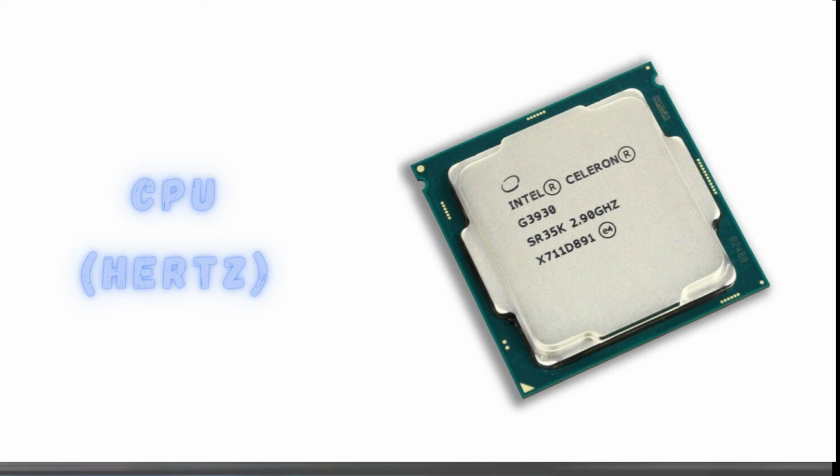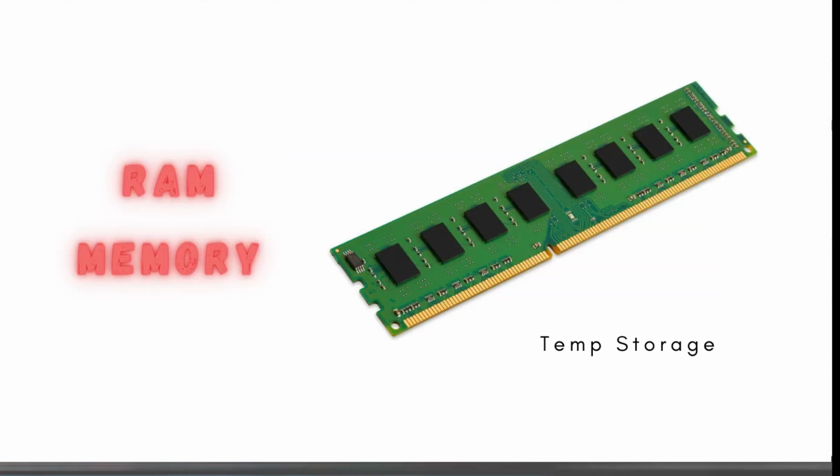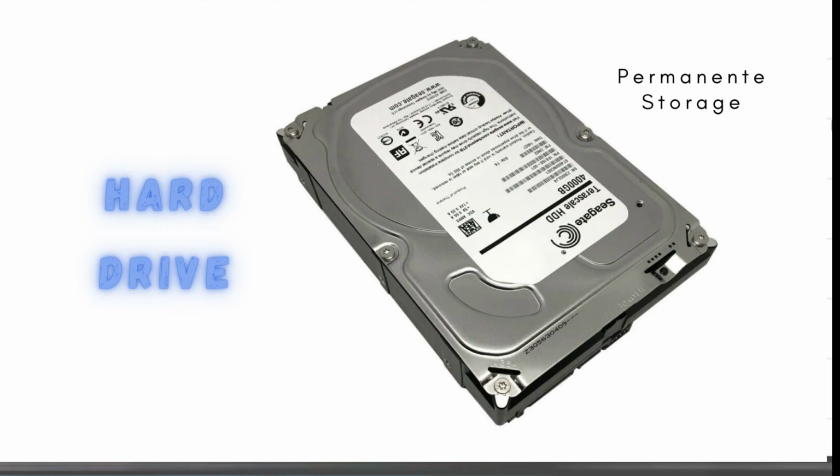Okay, now inside of the computer, I mentioned earlier, we have a part called the hard drive. The hard drive is the storage. The computer has two types of storage: temporary storage, which is RAM, and permanent storage, which is the hard drive.